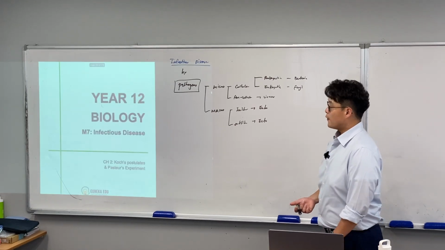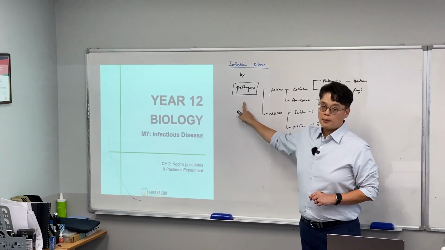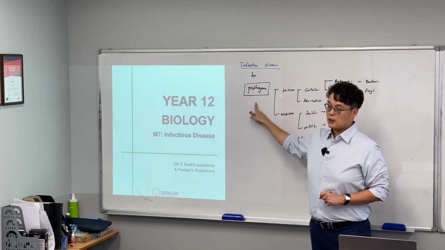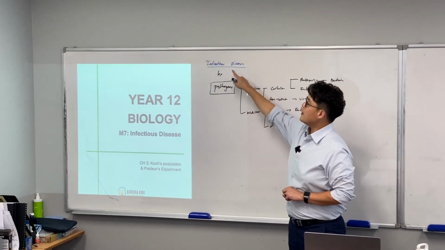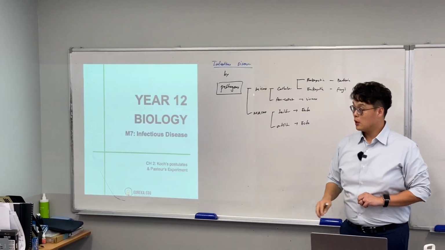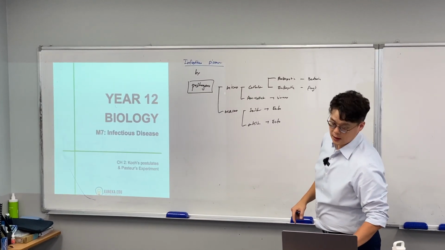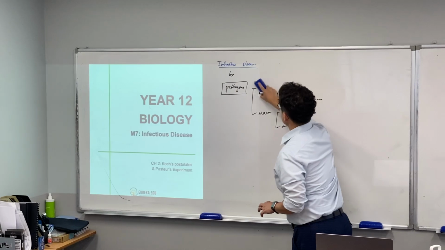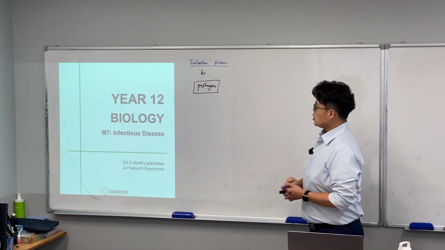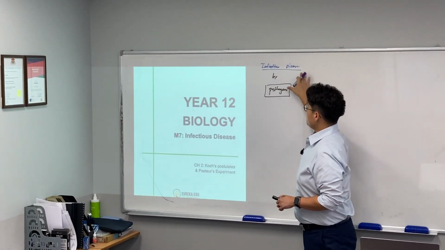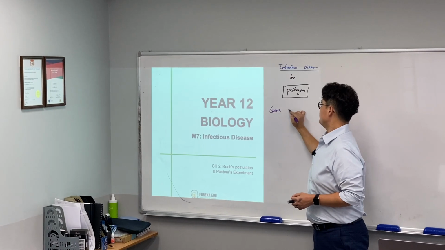Today, in the first half of the class, we're going to talk about pathogens again, but more about the historical background of this. How would people know that all of those can cause infectious diseases? To understand that, we have to think about what was the theory before these. The theory that infectious disease is caused by pathogens is known as the germ theory.